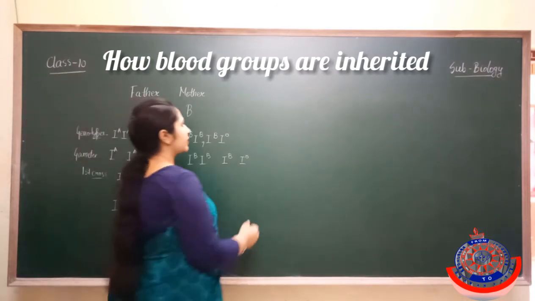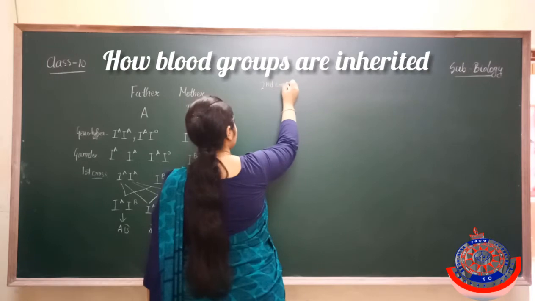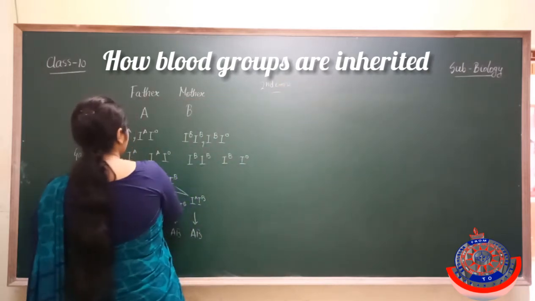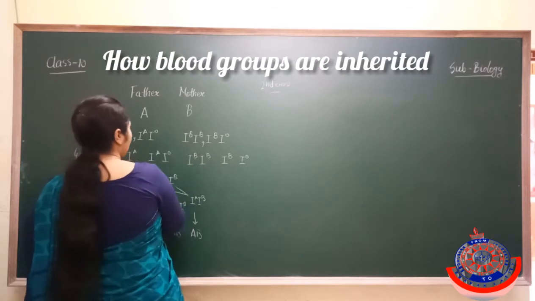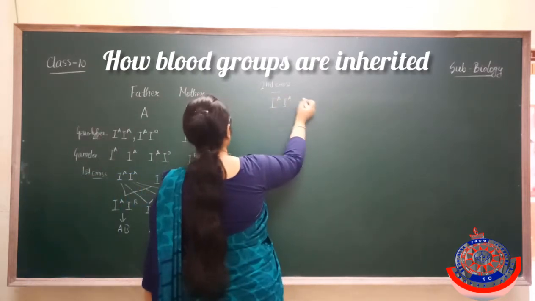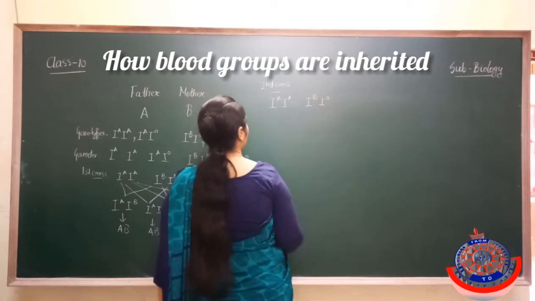Now next is the second cross, between IA IA and IB IO.